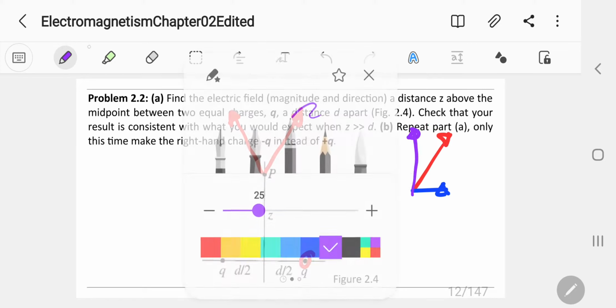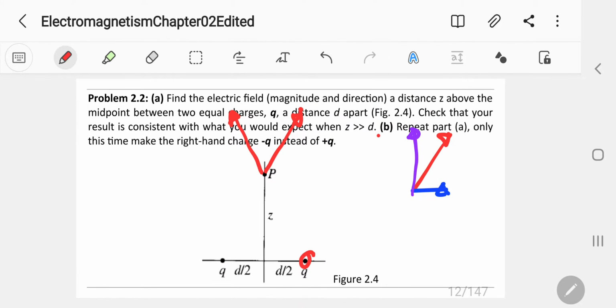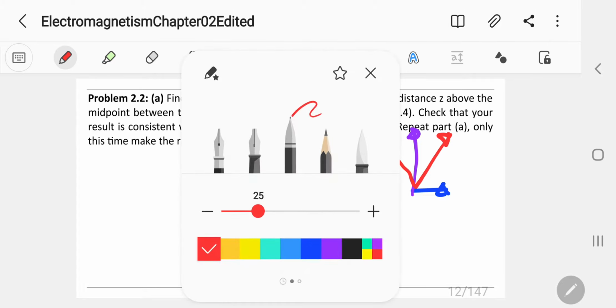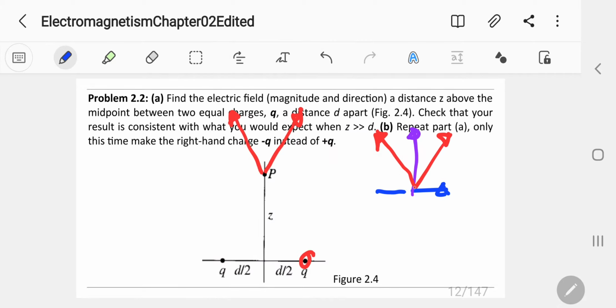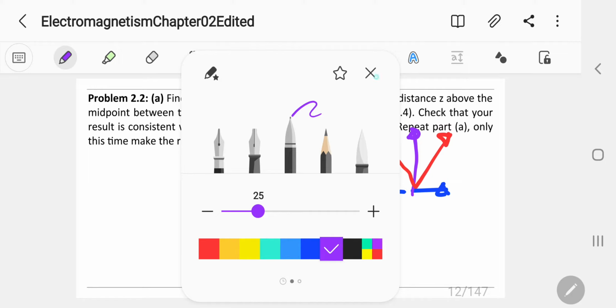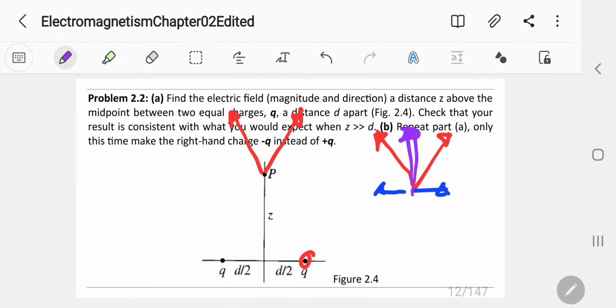The other field you have here, the components would also be in the x, which is this one, and the y would be this one for this other field. So as you look at the figure, these two x components will cancel because they're exactly in opposite directions, and so you'll be left with the two components in the y.